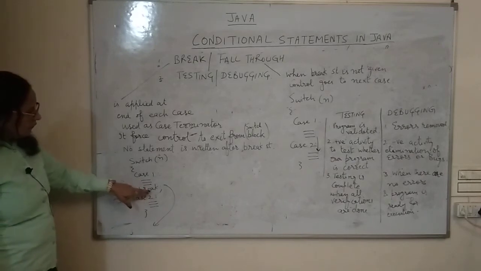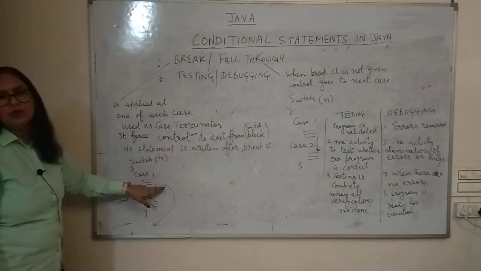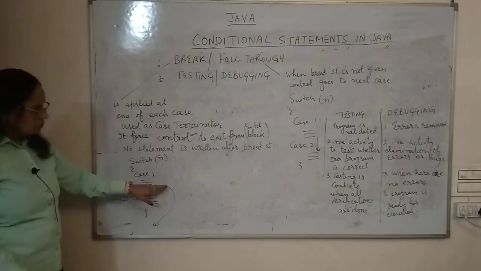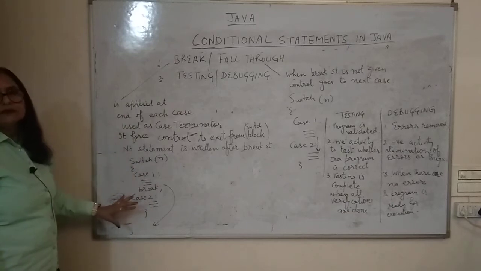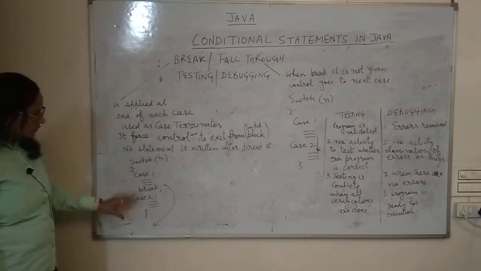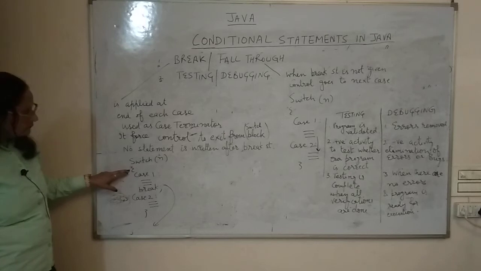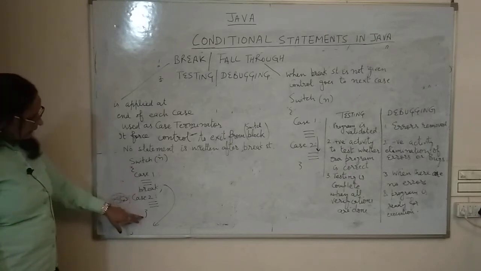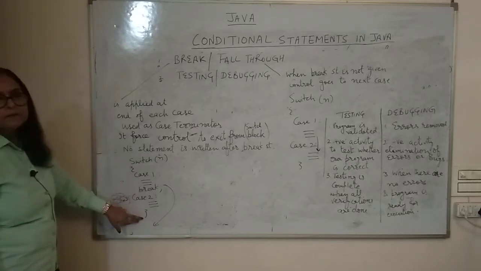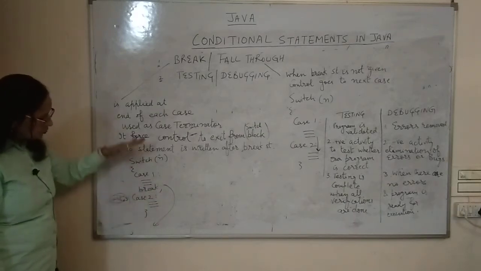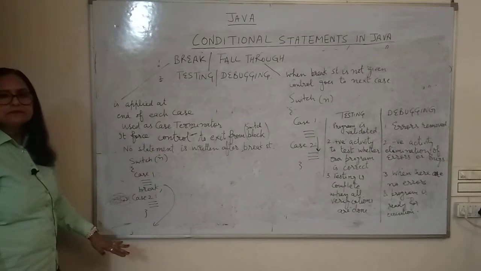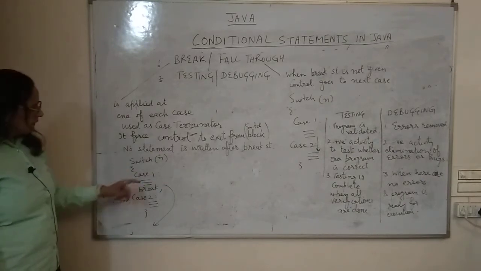Now when there is a break statement, the control of the program is going to go outside the switch construct, outside the body of the switch. It opens from this curly brace and ends at the curly brace over here, and the control is going to shift from here. It is going to skip all the other cases. If there are n number of cases, it is going to execute only one.